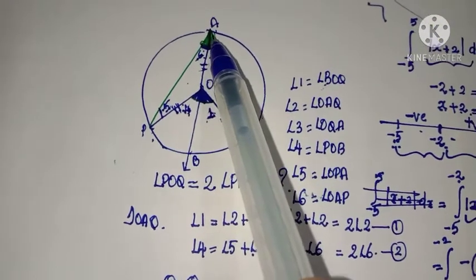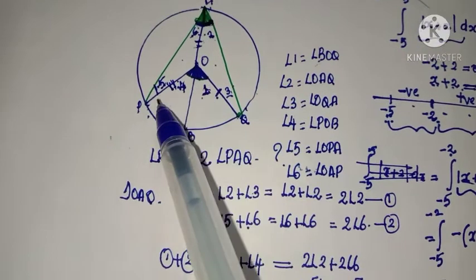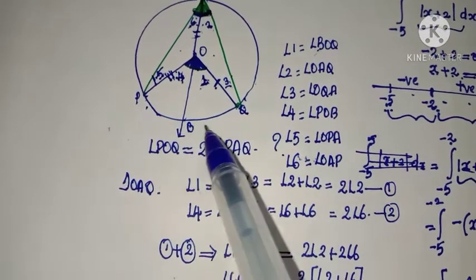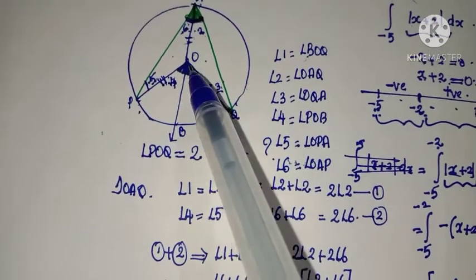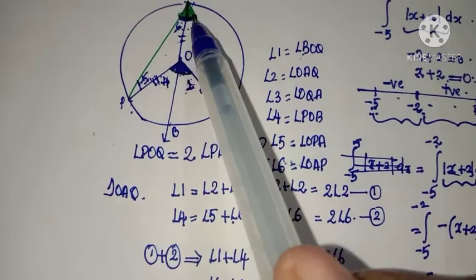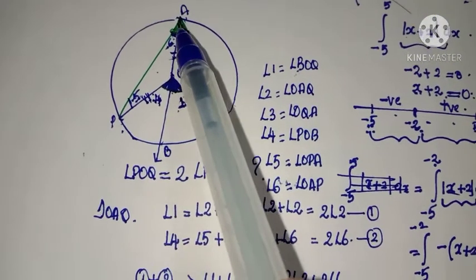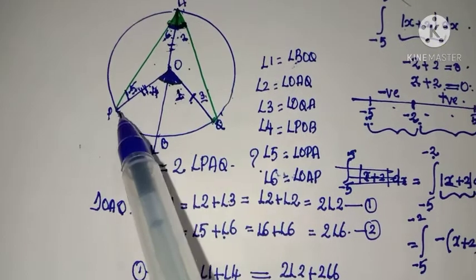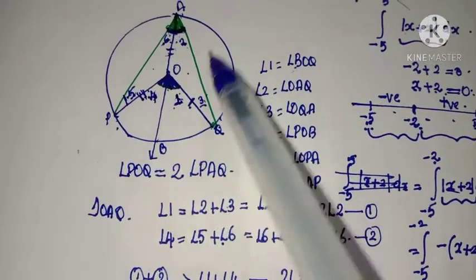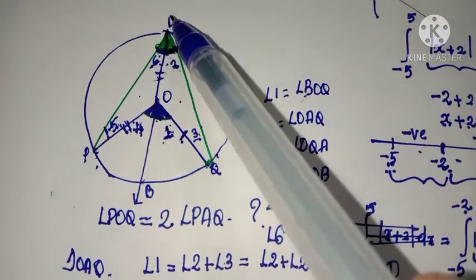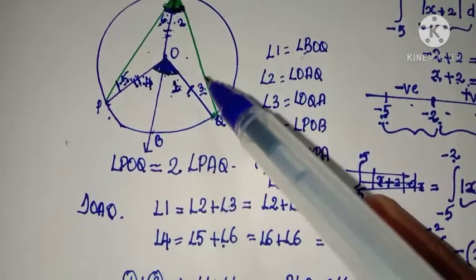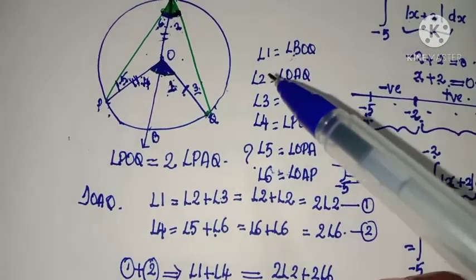PAQ means this angle. So, we prove the angle subtended by the chord PQ at the center is double of this angle, and this angle is an angle subtended by the same arc at another point A on the remaining part of the circle.